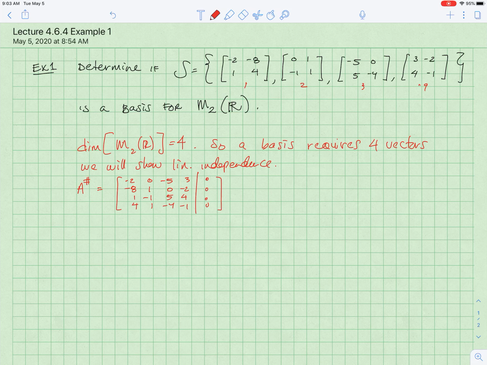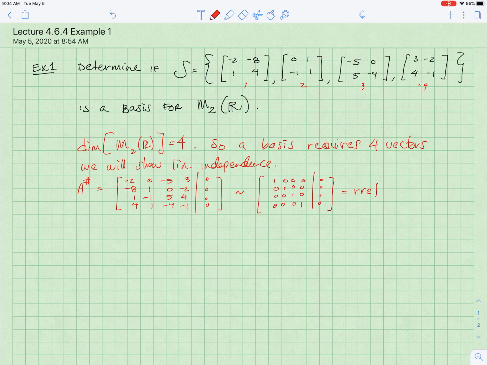Now, you can row reduce this, and if you put it in RREF form, you're going to get 1, 0, 0, 0, 0, 1, 0, 0, 0, 0, 1, 0, and 0, 0, 0, 1, and then, of course, zeros on the back end.